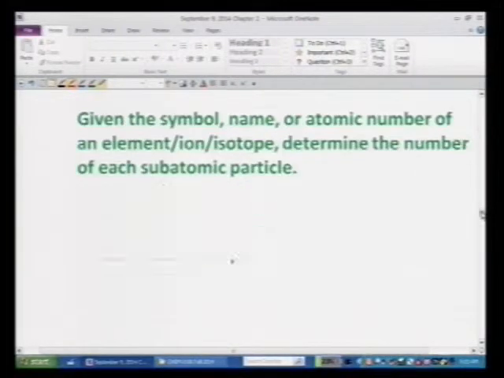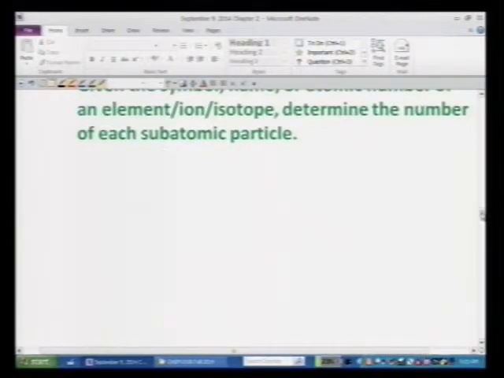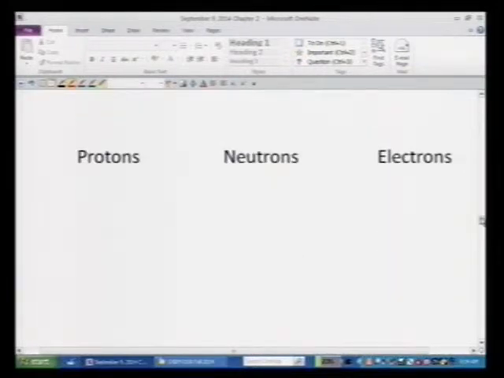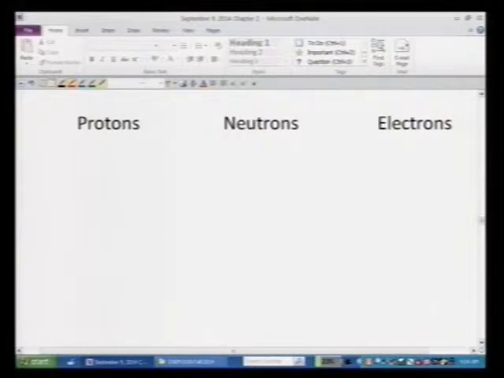So when I keep talking about these 3 subatomic particles, you guys know them as, shout them out, protons, neutrons, and electrons are the 3 subatomic particles. I left myself too much room here. There we go. Okay. So we need to identify them by location, by charge, and by mass. So the charge on a proton is? Positive. It's positive. Okay, so we'll write that down as protons are positive.